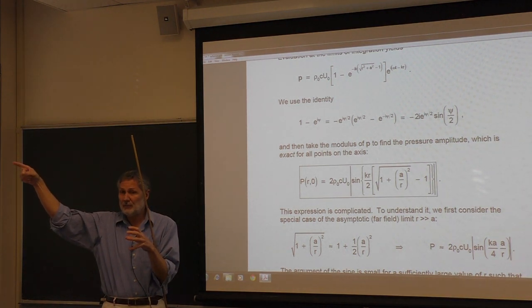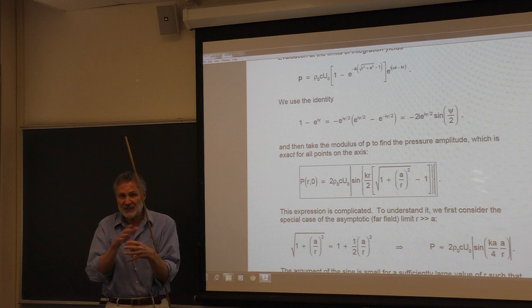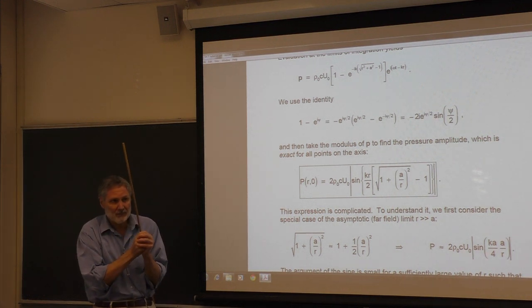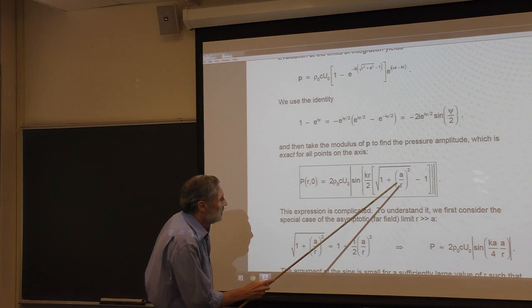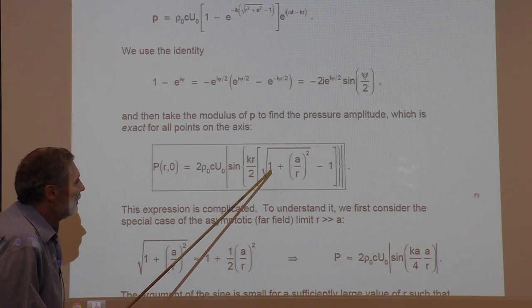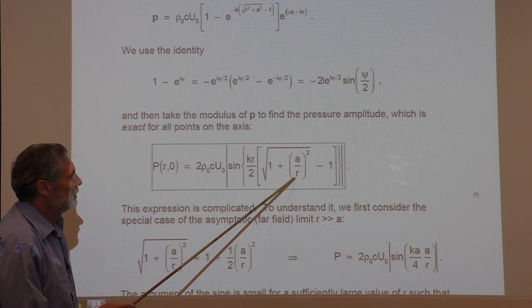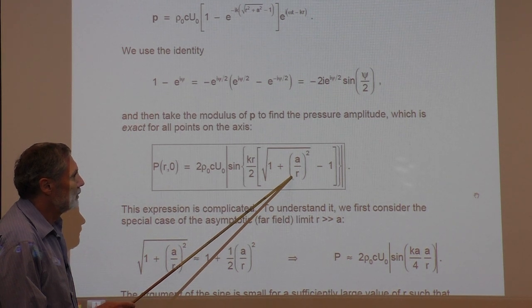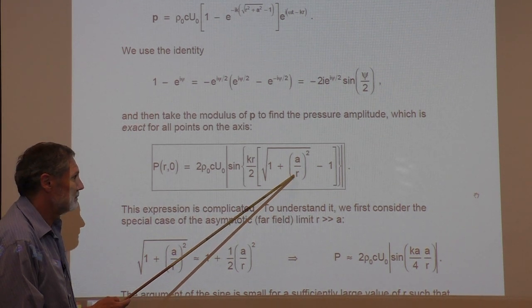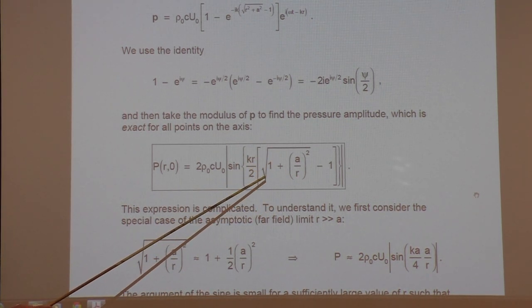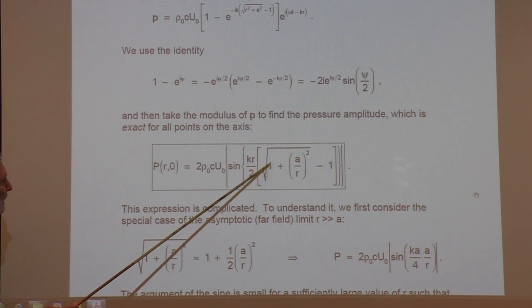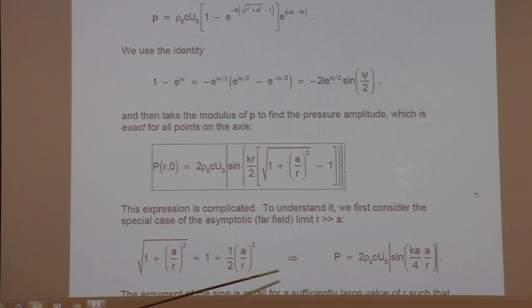In other words, the field point is very far compared to the size of the source. That's what we mean by the far field, right? So this is going to be a small quantity. The square root of 1 plus a small quantity is 1 plus 1/2 that quantity. That's a Taylor expansion or a binomial expansion, same thing. We make that approximation. The ones cancel here, and we end up with this.